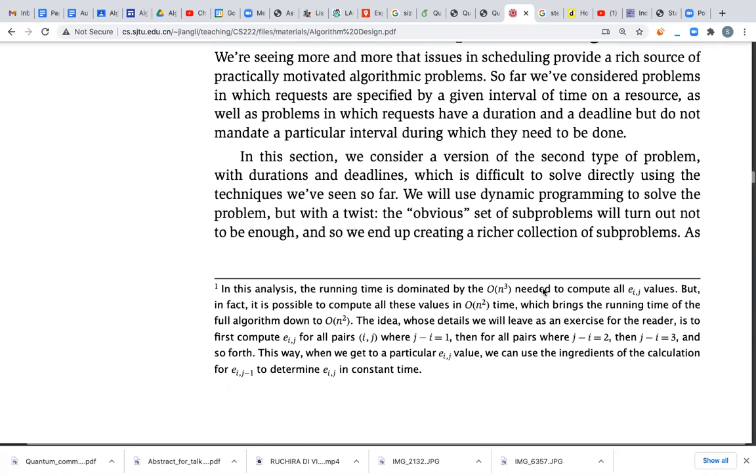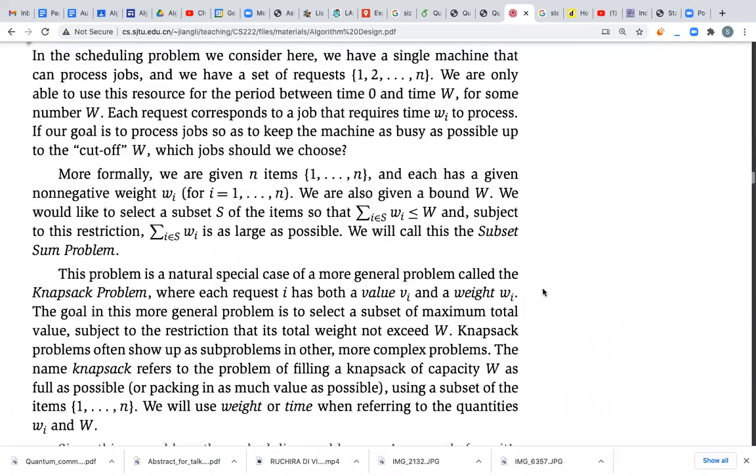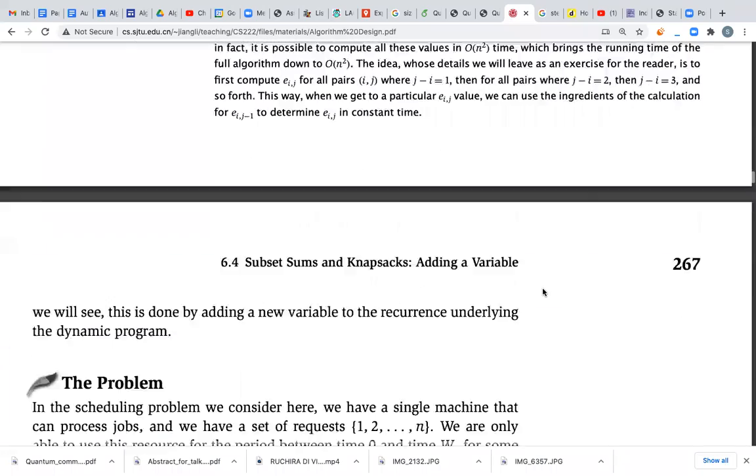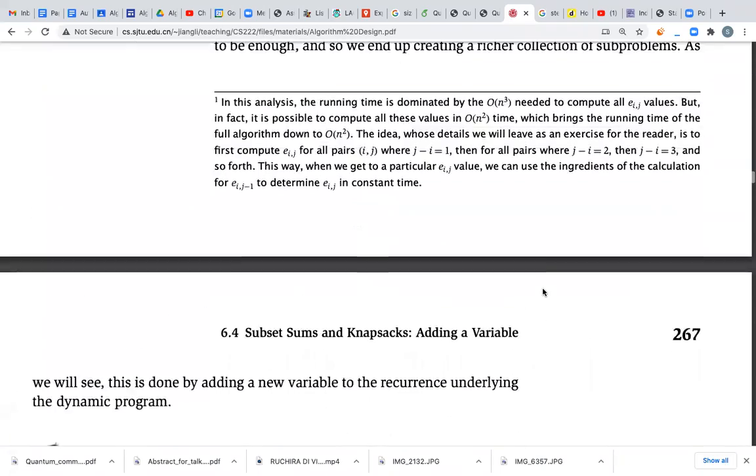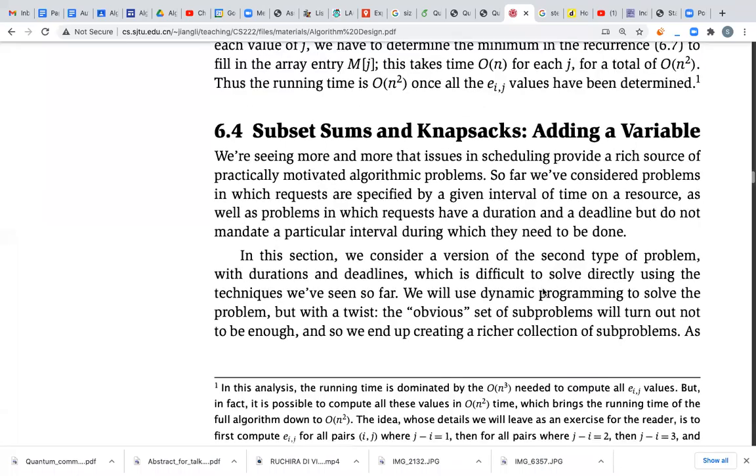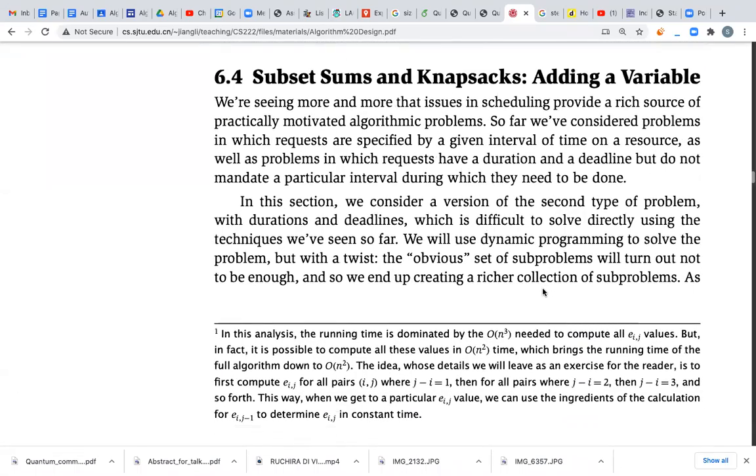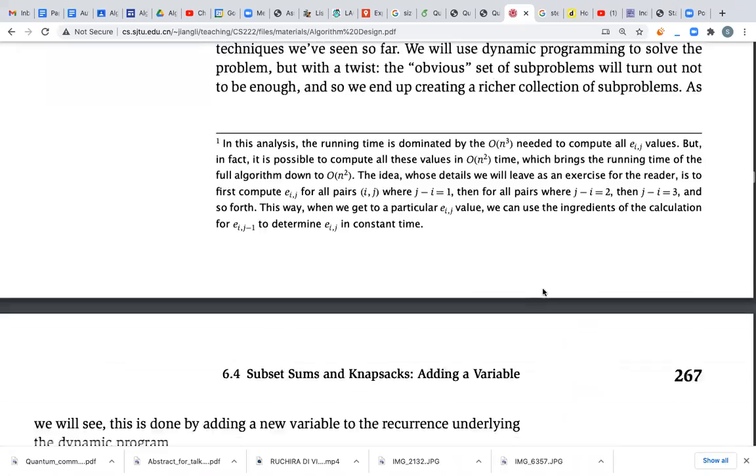Okay, good. Sir, I have another problem that in section 6.4, it is given that the problem is not solved using greedy algorithm, in page 267.